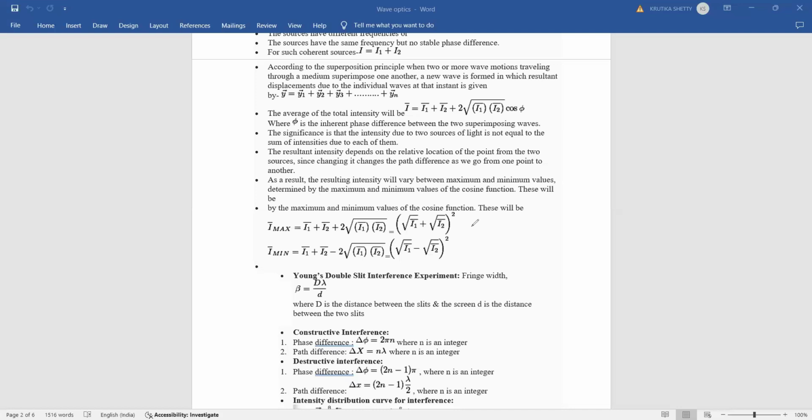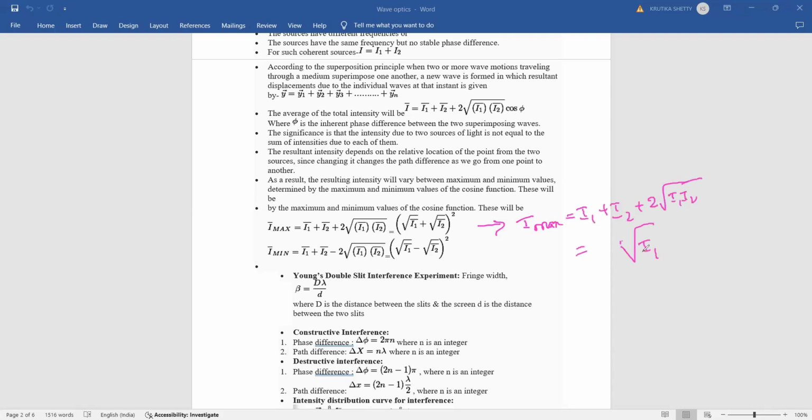The maximum intensity is I1 plus I2 plus 2 root of I1 into I2. We can also write this as root of I1 plus root of I2, whole squared, because if you expand it, it is like a plus b whole square.